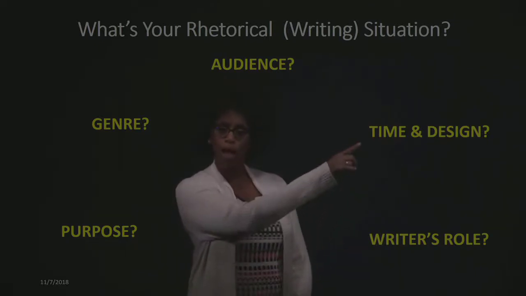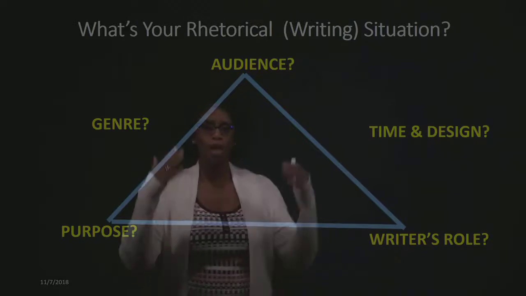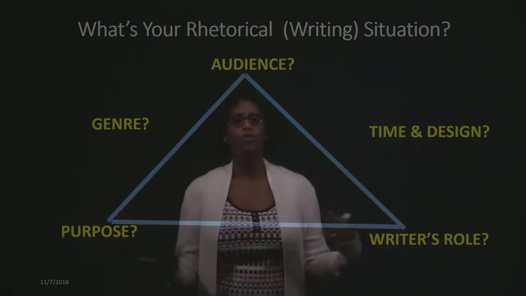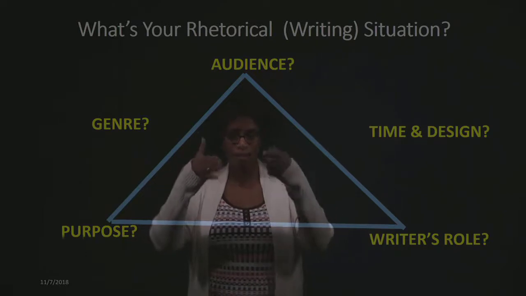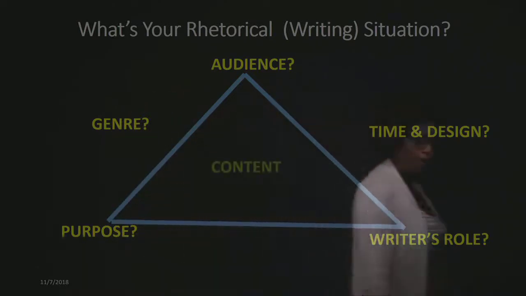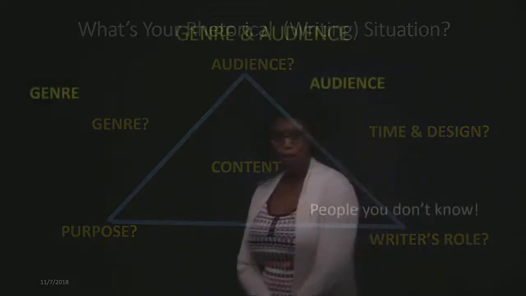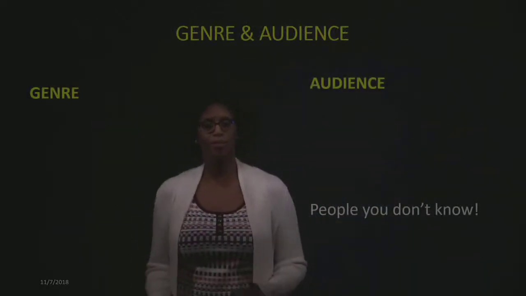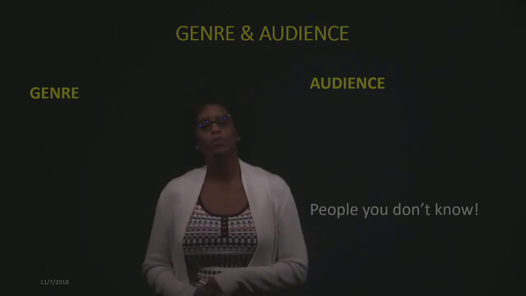You have to think about your time and your design. When you think about these things, this helps us bring together what's called the rhetorical triangle, the rhetorical situation. And inside there, this is where you have all of these components come together and they give us content. So what does this mean right now? Let's look at parts of the rhetorical situation.